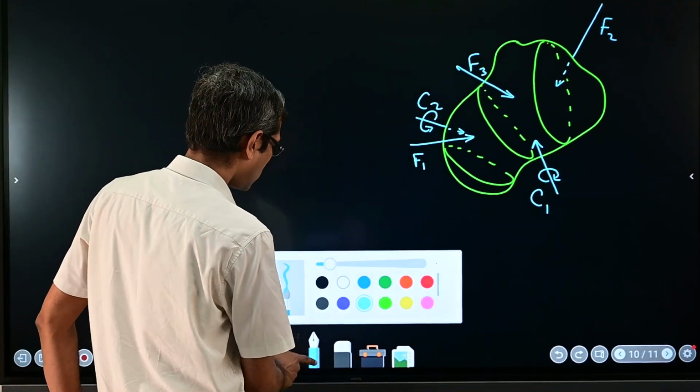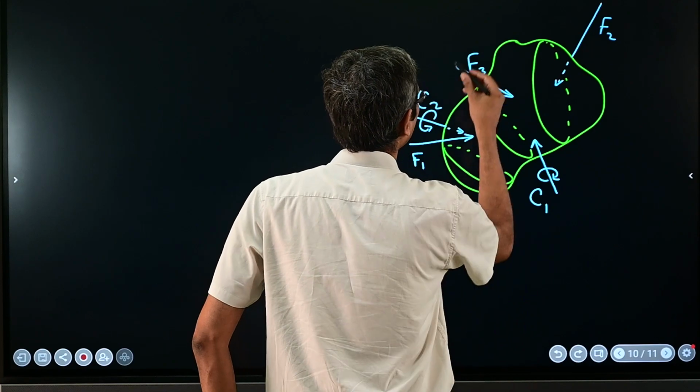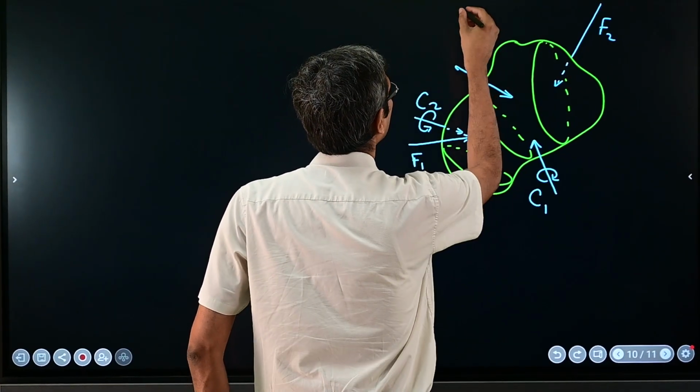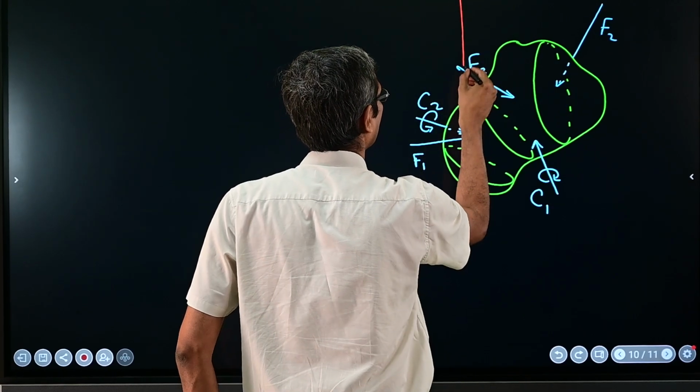And let me also draw the axes, somewhere like that.